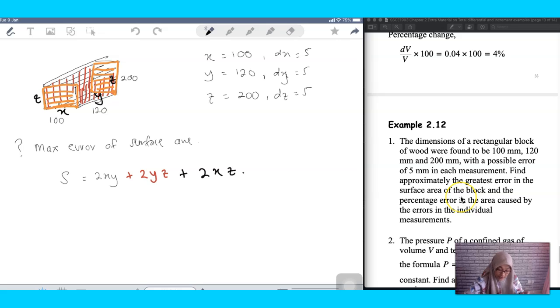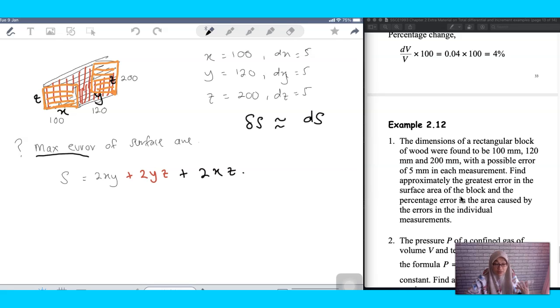Now we want the maximum error. Maximum error means the true change of the surface area, which is the thing you are looking for. But you want to approximate this by using the total differential, ds.